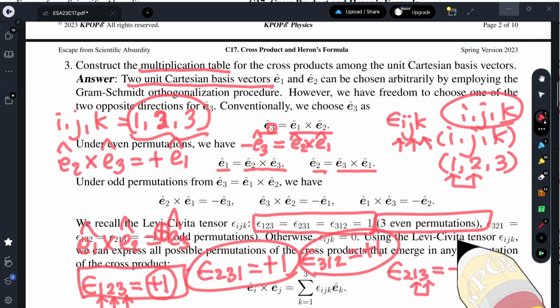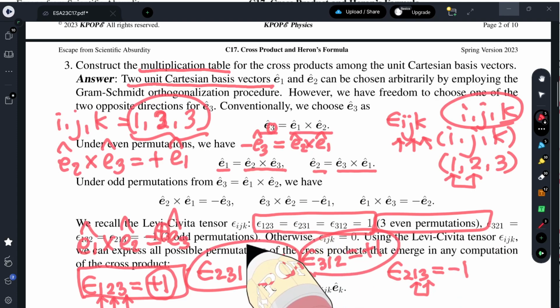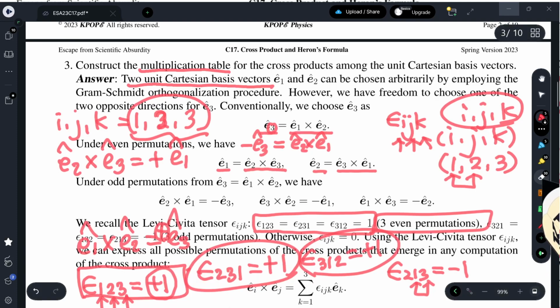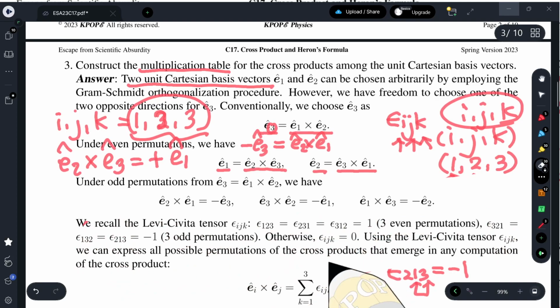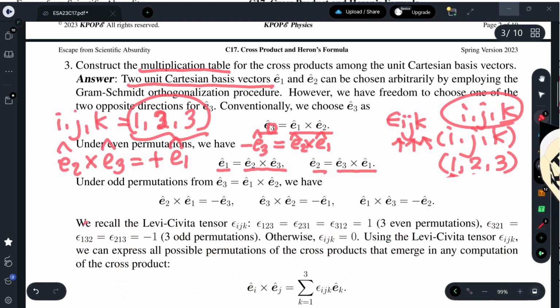The other three permutations give this Levi-Civita tensor to be minus 1. Those permutations are 3, 2, 1, 1, 3, 2, and 2, 1, 3.